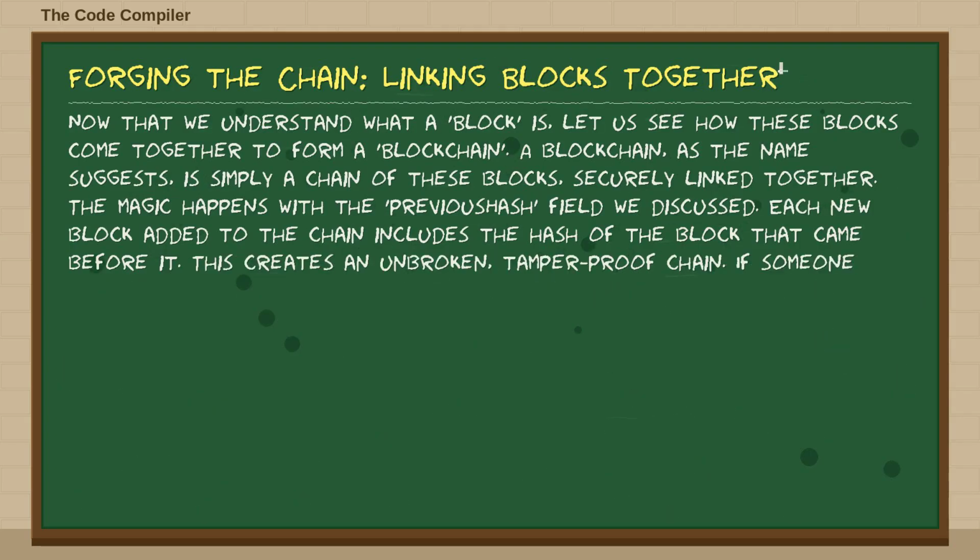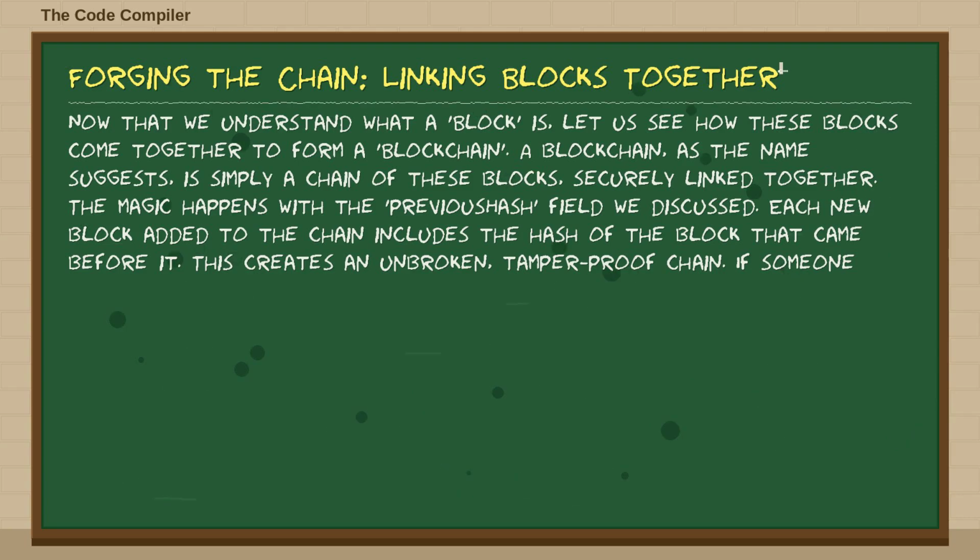This creates an unbroken, tamper-proof chain. If someone tries to alter a block in the middle, its hash will change, which will then invalidate the previous hash of the next block, and so on, breaking the entire chain. This is the core principle of immutability in blockchain.